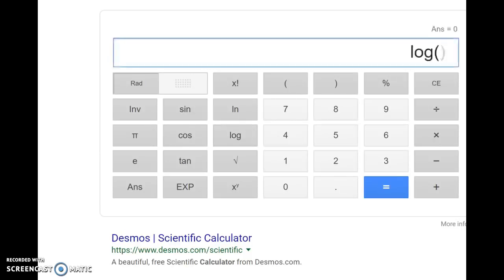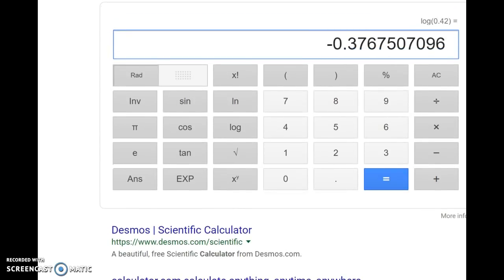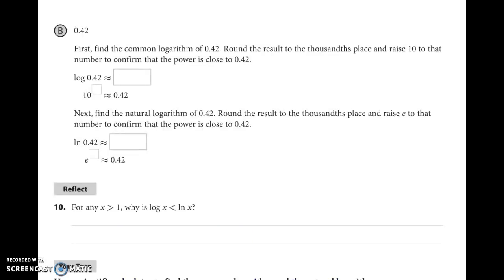So I need to do the log of 0.42, and I press enter, and I get negative 0.377. Let's flip back. Negative 0.377. And then to verify that, I'm going to take 10 to that same power. So I'm going to take 10 to the negative 0.377 and see if I get approximately 0.42.